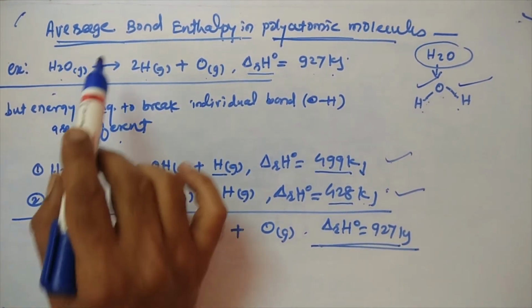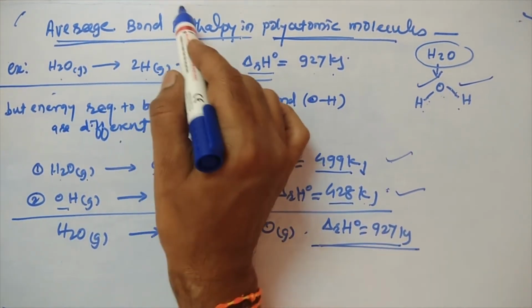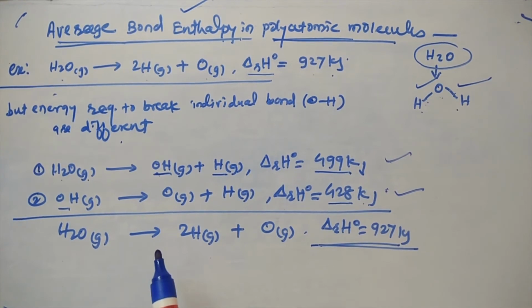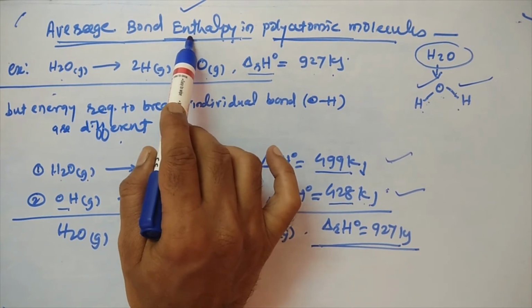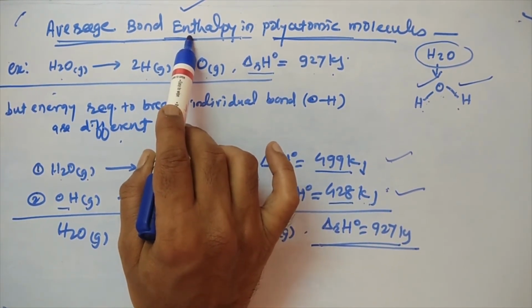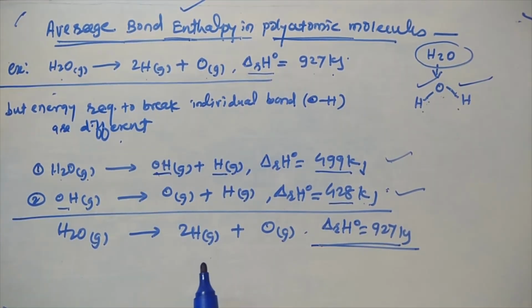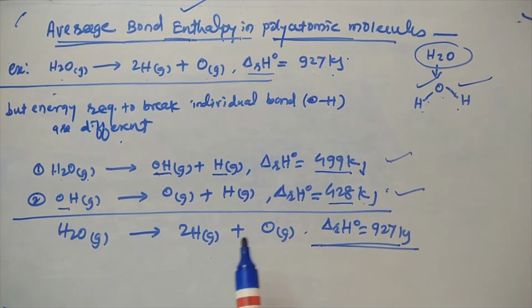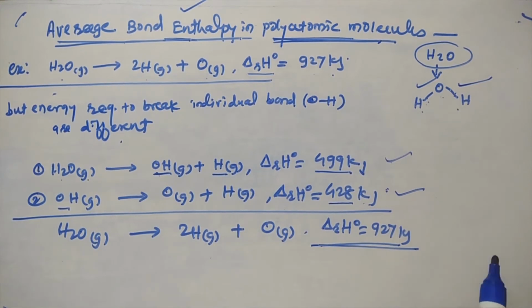Say the average bond enthalpy in polyatomic molecules. We have seen bond enthalpy. The bond enthalpy is the enthalpy required to break a particular covalent bond in a gaseous molecule to form gaseous atoms. Now in case of polyatomic molecules like H2O, NH3, CO2, CH4 and so on, we have to consider the average bond enthalpy.